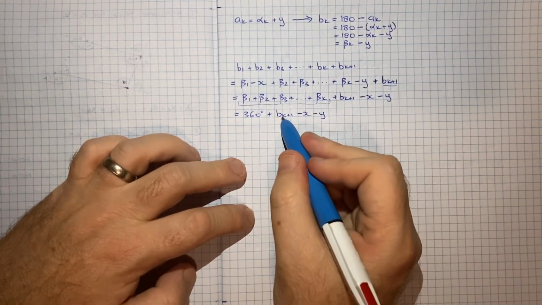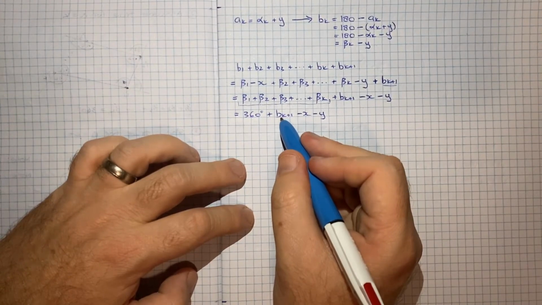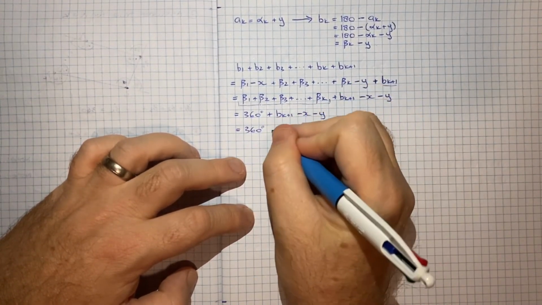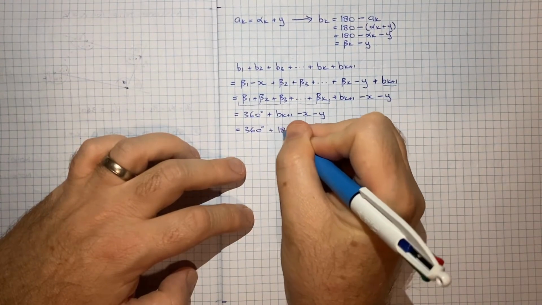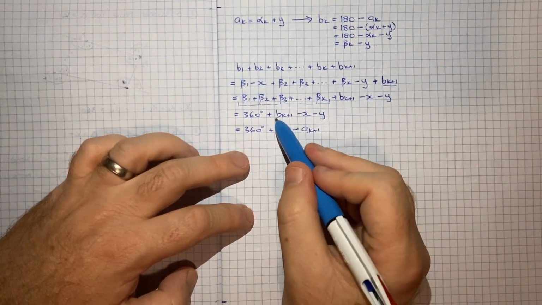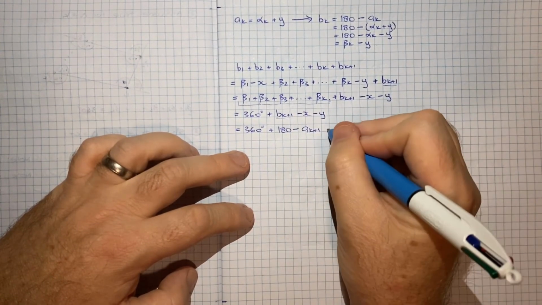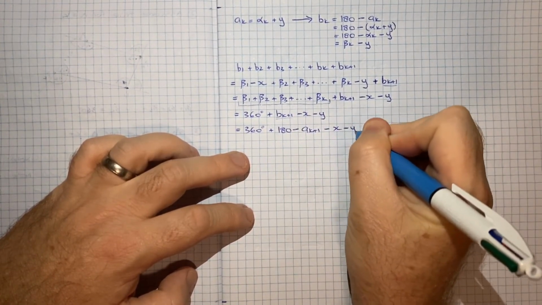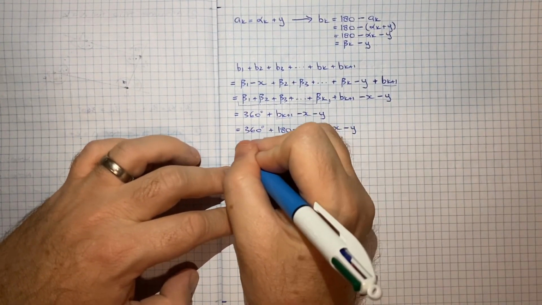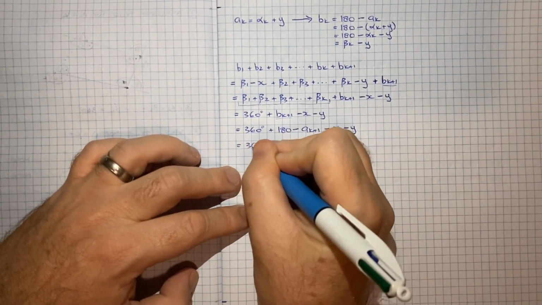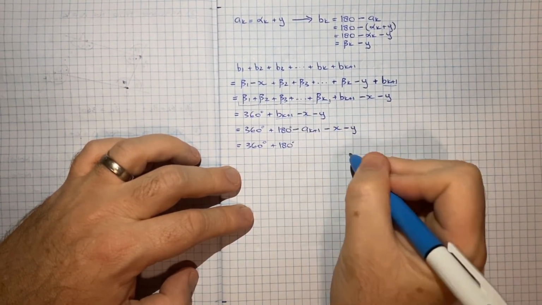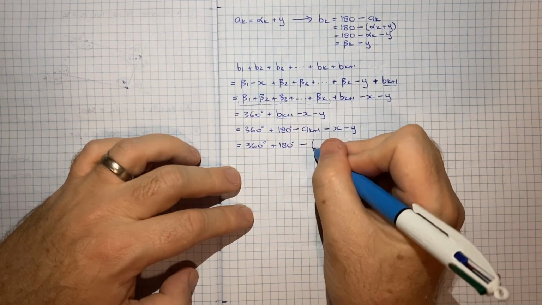Now bk plus 1 is by definition 180 minus a k plus 1. So 180 minus a k plus 1 is that there. And then we still have our minus x minus y. And I might write that as equal to 360 degrees plus 180 degrees minus, and then I'll factor out the minus.